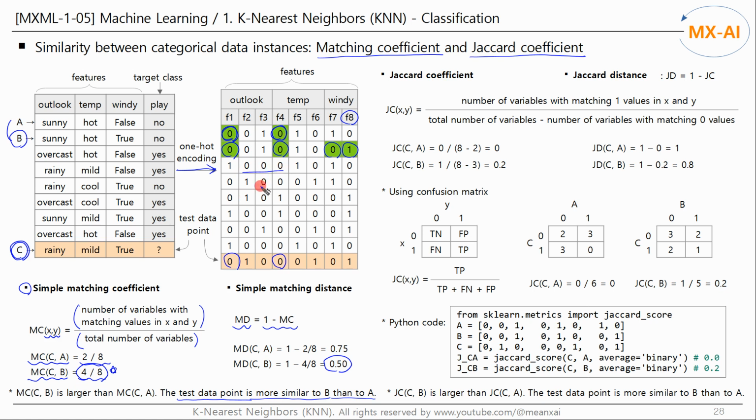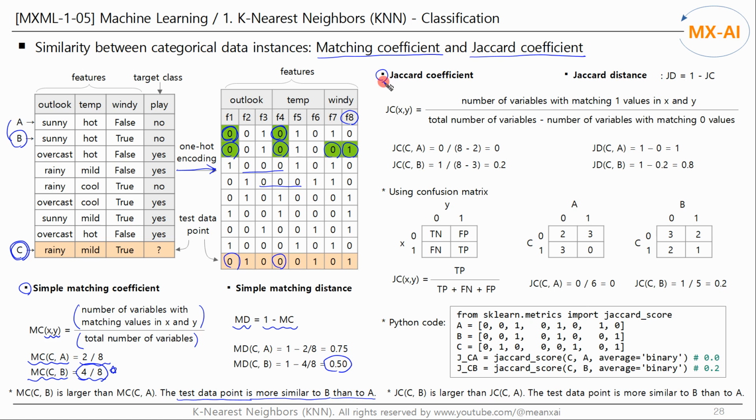One-hot encoding produces a lot of zero values, but that doesn't mean they are all similar. The matching coefficient is useful when values 0 and 1 are equally important. To improve this problem, the Jaccard coefficient was proposed.